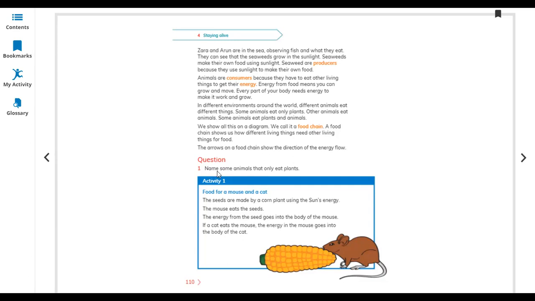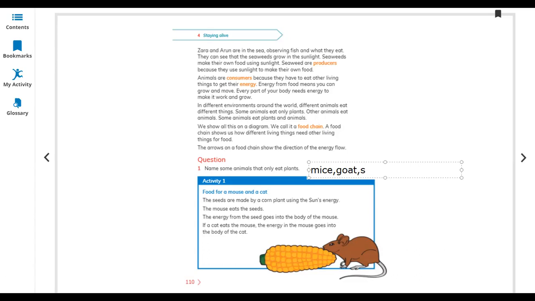So there is a question: name some animals that only eat plants. Let's write it. Mostly mammals. Let me write the names, like mice and goats. They're eating only plants.